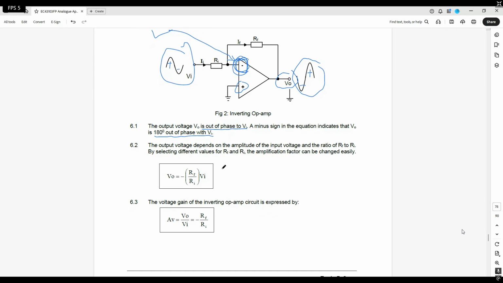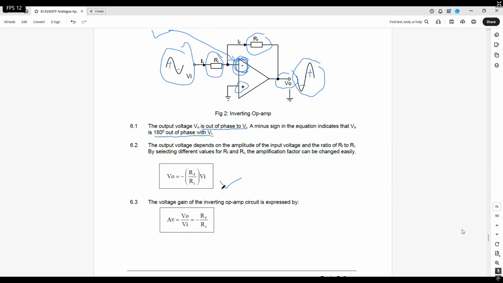The output voltage here is given by this simple formula, which involves RF. RF stands for the feedback resistor, and RI is the input resistor. So the feedback resistor divided by the input resistor, multiplied by your input, will give you your output voltage.